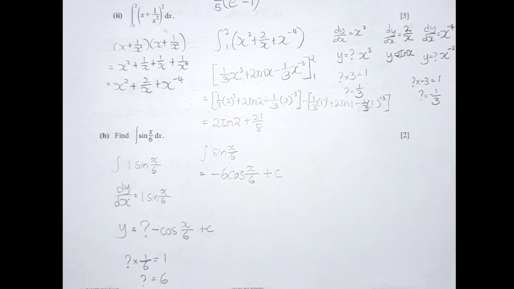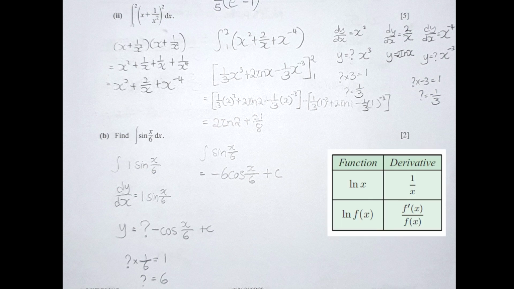So I repeat the same for the next one. We have 2 over x. Through these rules, this table that I'm showing you here, you will know that 1 over x can actually be written as ln x, and the 2 doesn't change. So y equals 2 ln x will be its original form. And we have x to the power of negative 4 over there.